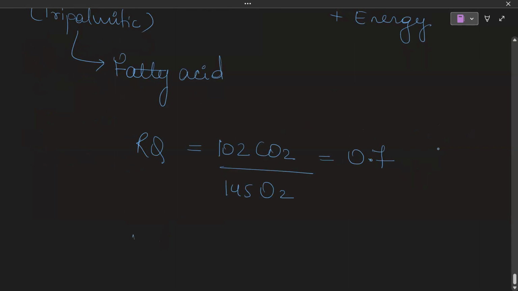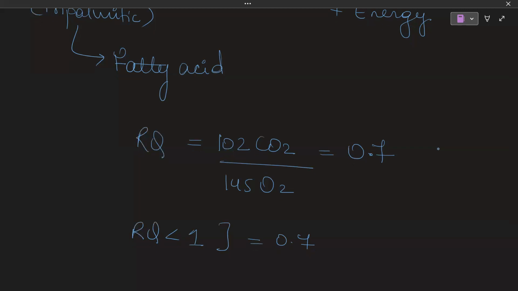So we can say that RQ is less than 1, because RQ comes out to be 0.7. The main thing to remember is that when fats are used as a substrate, the respiratory quotient will be less than 1. When carbohydrates are used, the respiratory quotient will be 1.